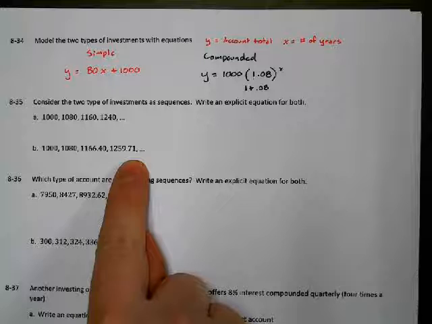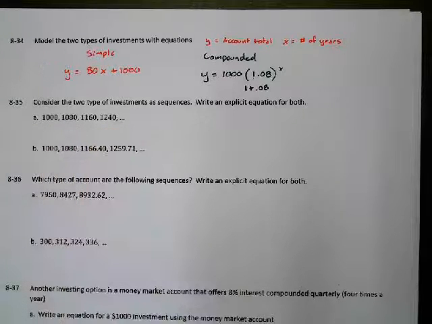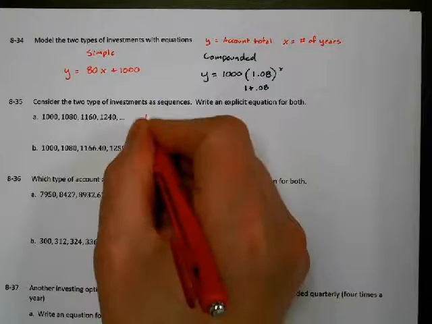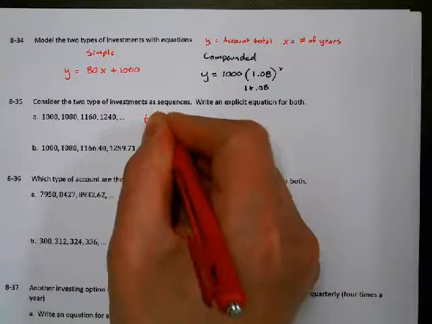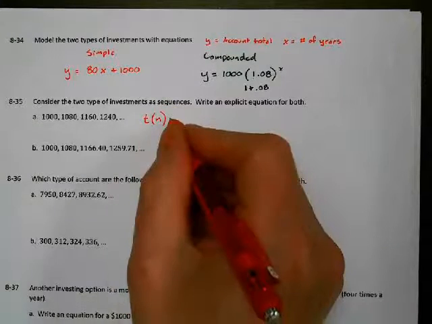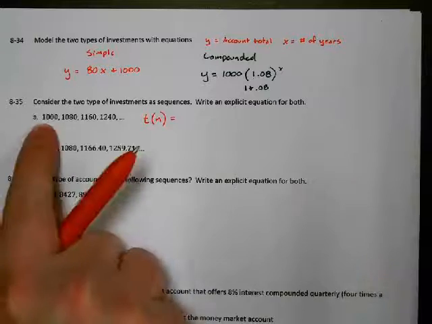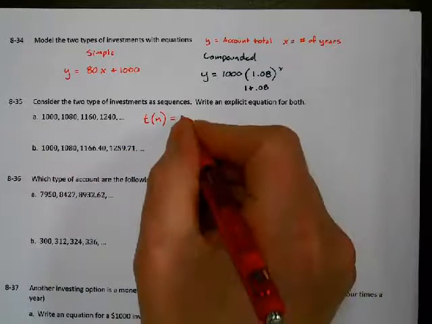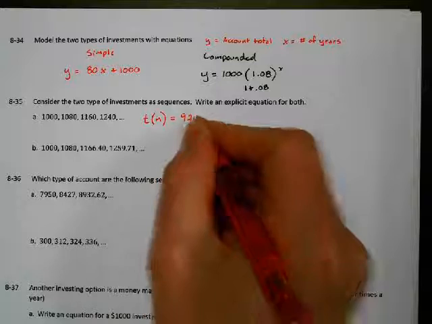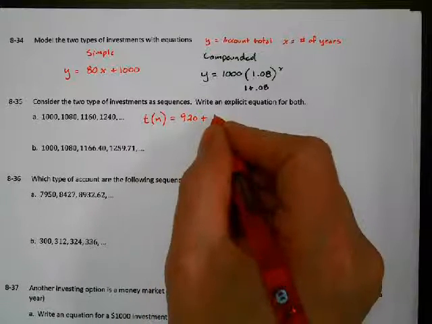So if we were writing this as a sequence, we would do something like T of n. And then we need the 0th term. So I would subtract 80, and that'd be 920. And then plus 80n.